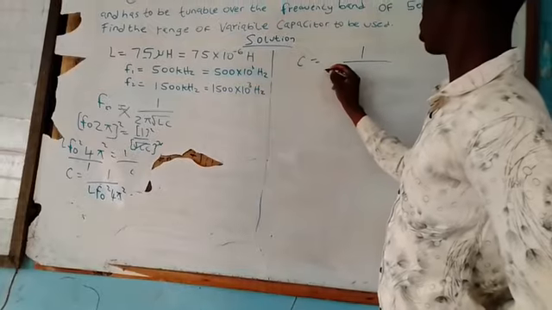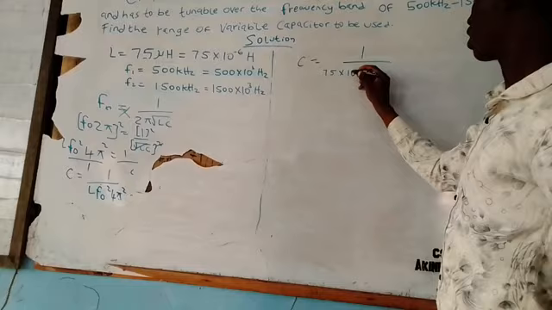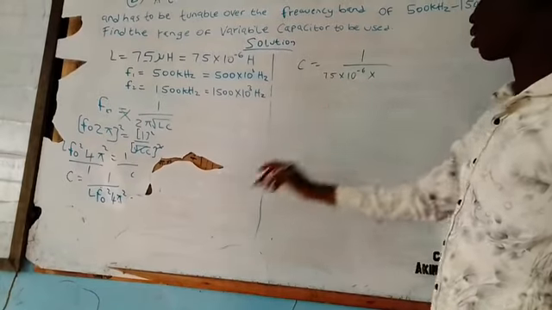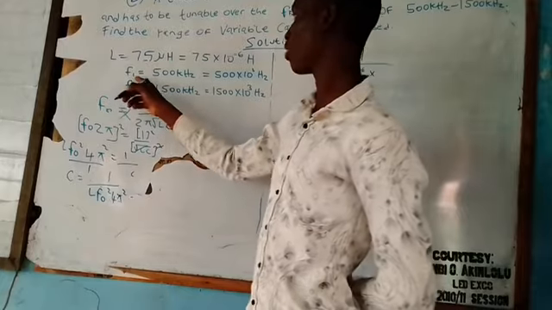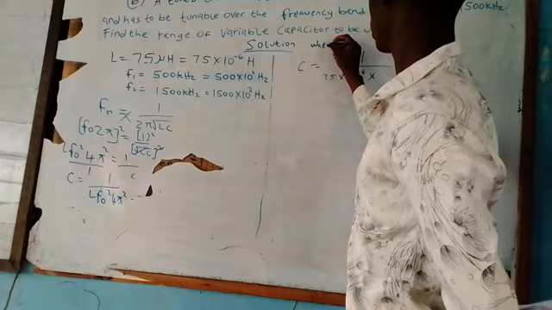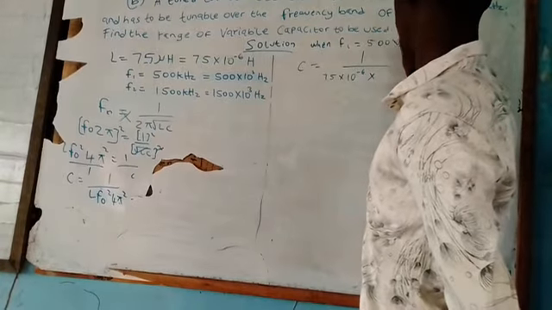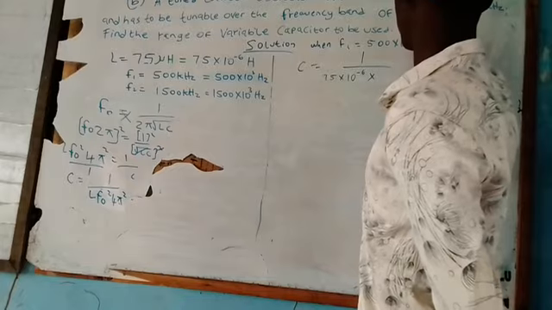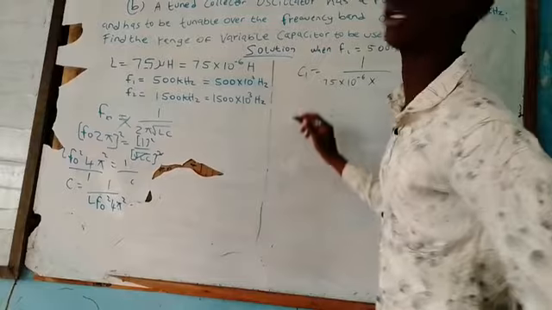So let's continue. We have capacitor now to be for inductance, we have 75 times 10 raised minus 6. For frequency, since we are solving for variable capacitor 1, that is C1, we're going to make use of frequency 1.